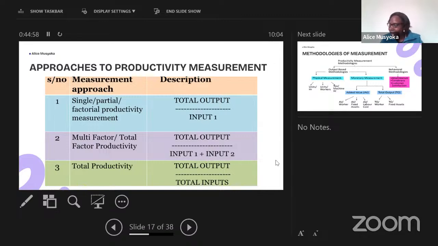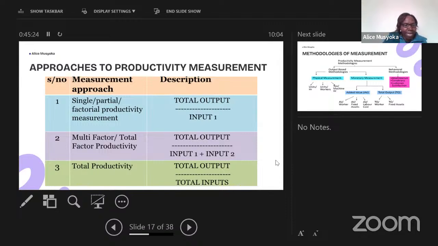For instance, you could be measuring labor productivity, and at the same time, you are measuring the value added or added value. So that way, you find you have two factors. And that's why you see on the denominator, we have input 1 and input 2.